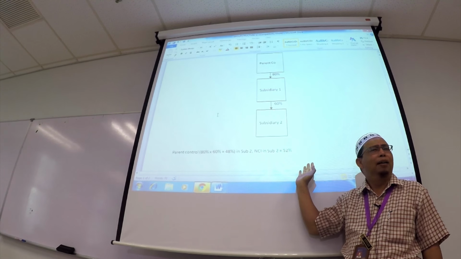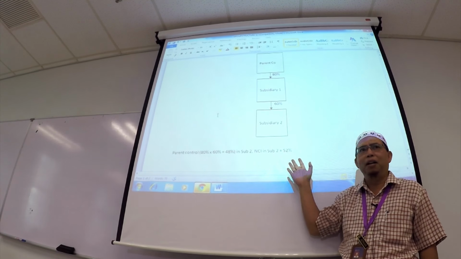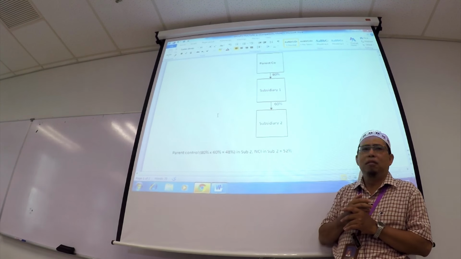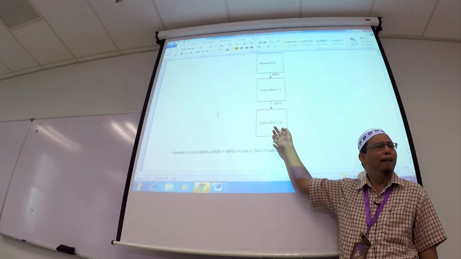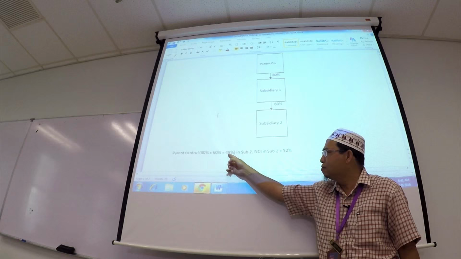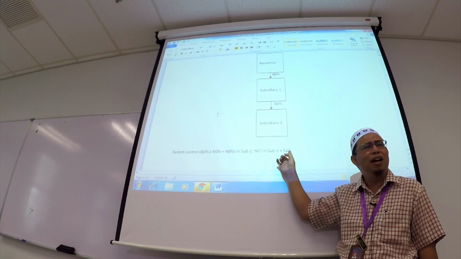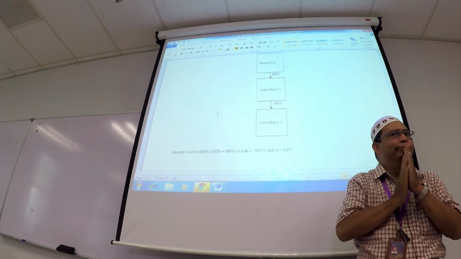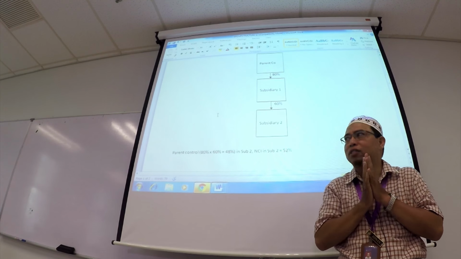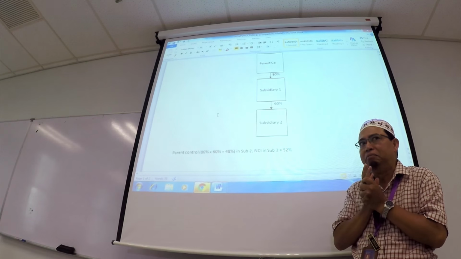NCI is bigger than the parent. Can it be like that? Does the parent still control subsidiary 2 in our case here? If you look at the percentage, 48 and 52, NCI is bigger than the parent portion. Who is the one who now controls subsidiary 2, the NCI or the parent?